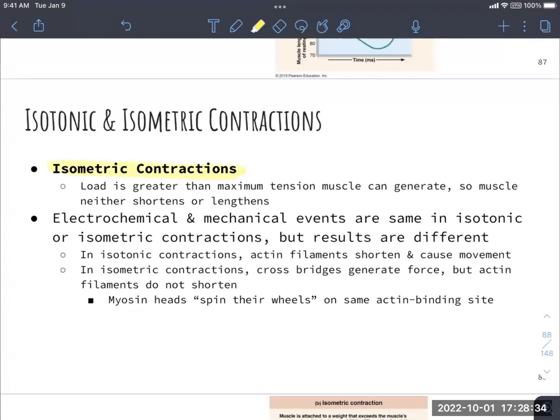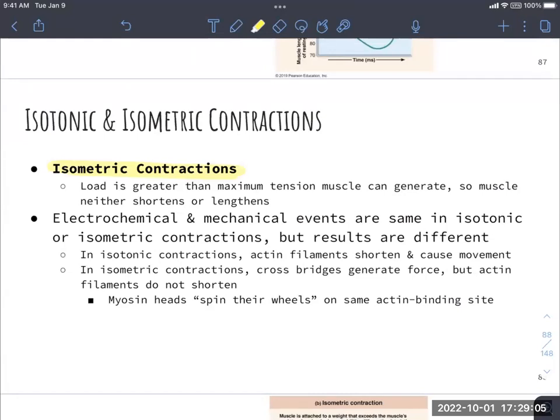They're not going to succeed because that muscle contracts, but it doesn't change length. Doesn't shorten. The muscle doesn't get longer. It kind of just stays the same. As I said, we're trying to pick up something that's 200 pounds. Your muscles are going to contract. They're going to try really hard to pick it up, but it can't do it. That is an isometric contraction.